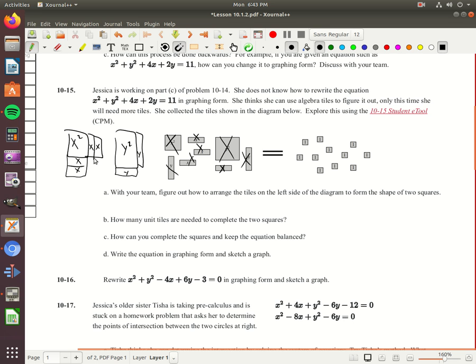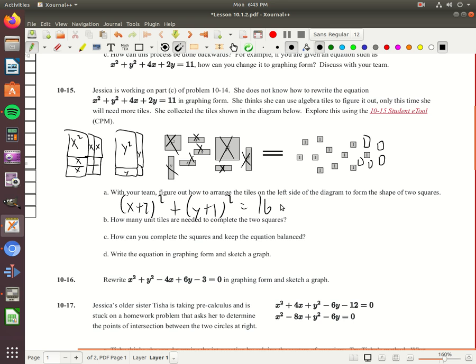And I said, all right, well, I need to add 4 here to complete this, so I better add 4 here. And then I need to add 1 here, so I better add 1 here. And there you go. I'm left with x plus 2 squared plus y plus 1 squared. And that's going to equal 16.